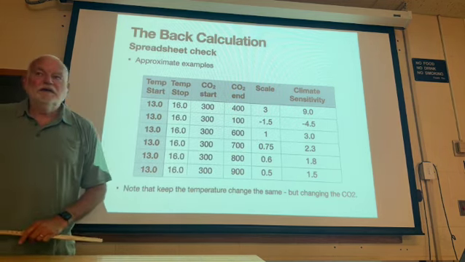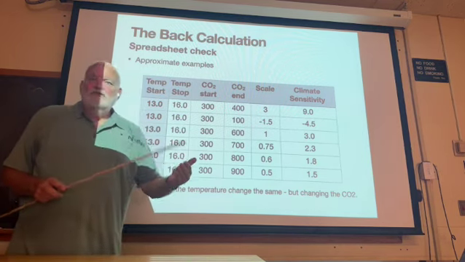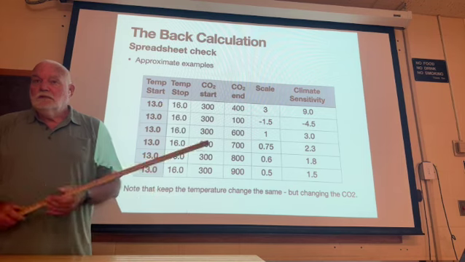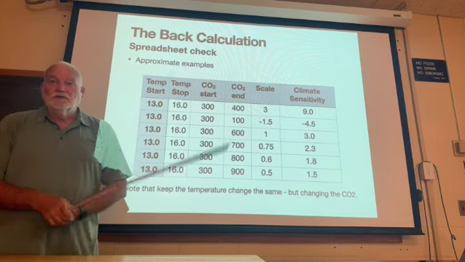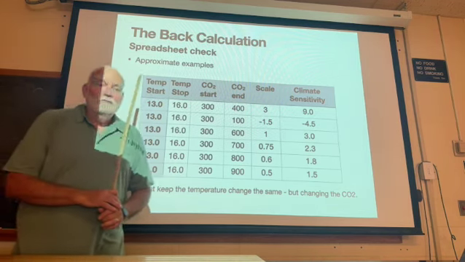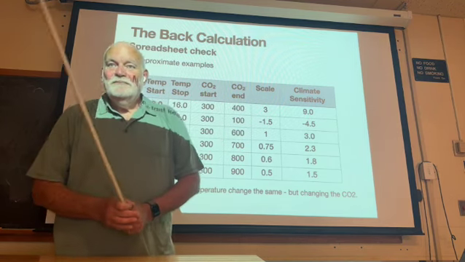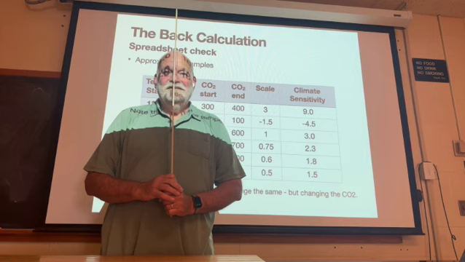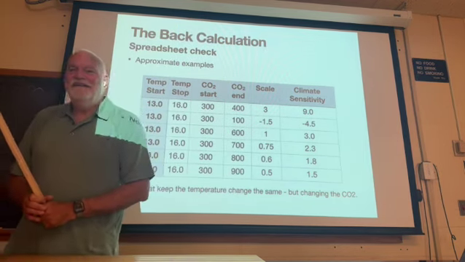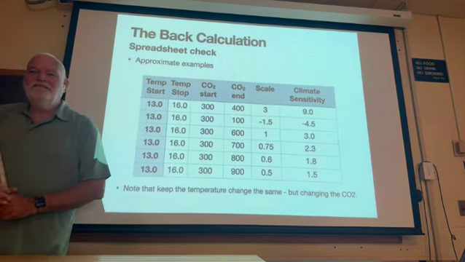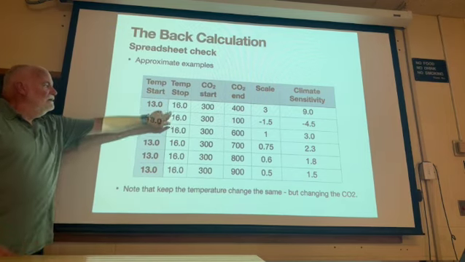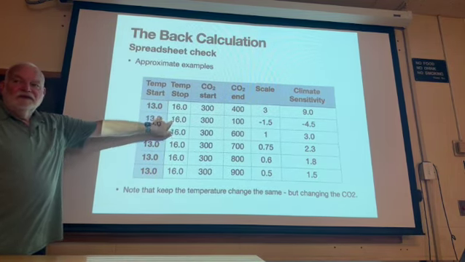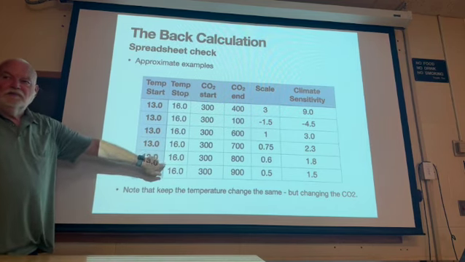Again, it's not linear. Is there anybody who has a pressing interest in trying to change some of these numbers and see what they get? It's set up in a spreadsheet that almost works. It sometimes works, doesn't always work. Why is that one higher? I thought you just explained that to me. Well, I really don't understand it. Why is that one higher if the CO2 is lower than some of the other ones? Because I keep the temperature the same. If I messed around with the temperature, then it's really hard to see the pattern.